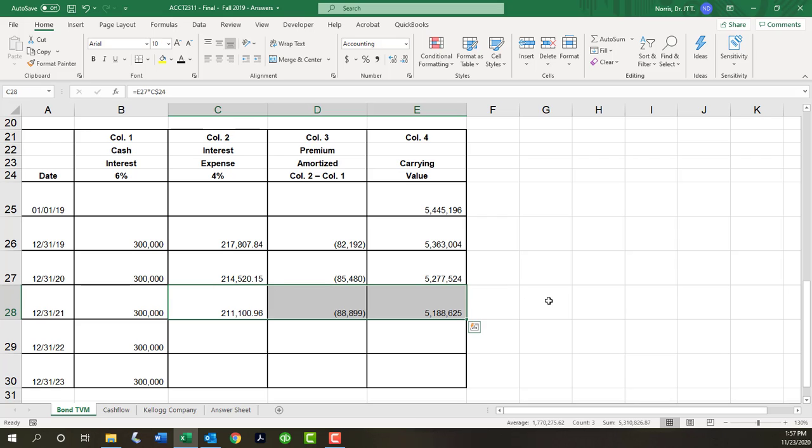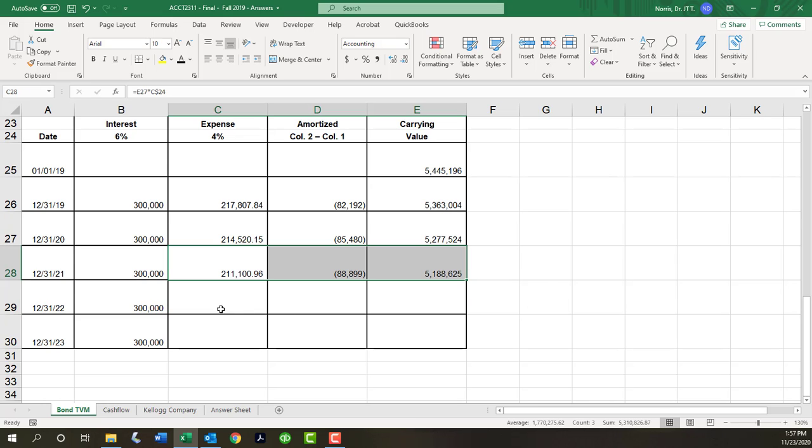Do the same thing for 2021, 22, and then 2023 brings the carrying value down to, within rounding, the $5 million, and that is then paid to the bondholders at the bond maturity. So that's the first question.